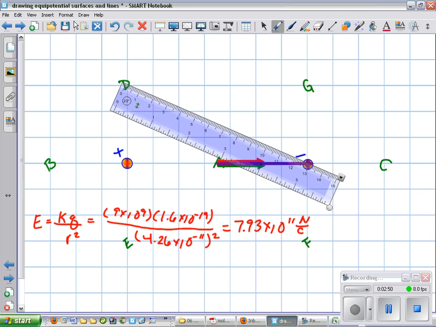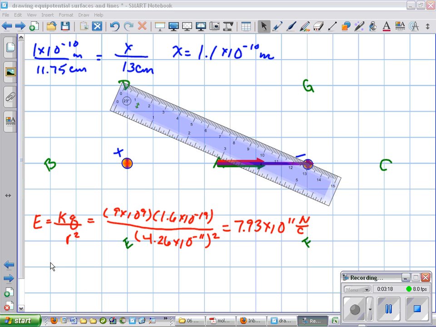So I'm going to calculate one more time my scale. One times 10 to the negative 10th over 11.75 centimeters equals x over 13 centimeters, and that gives me 1.1 times 10 to the negative 10th meters.